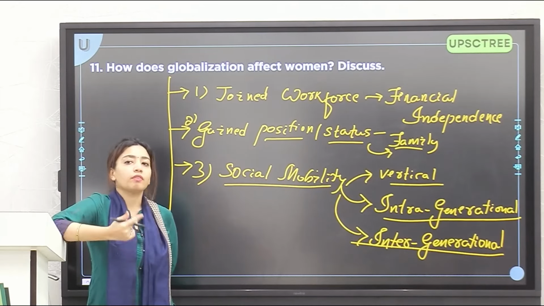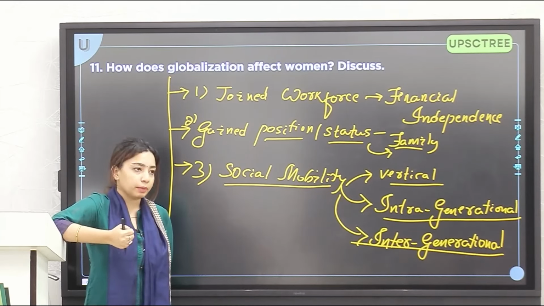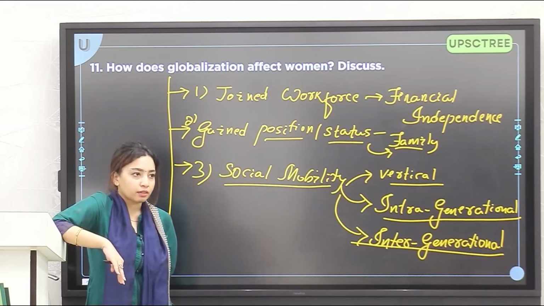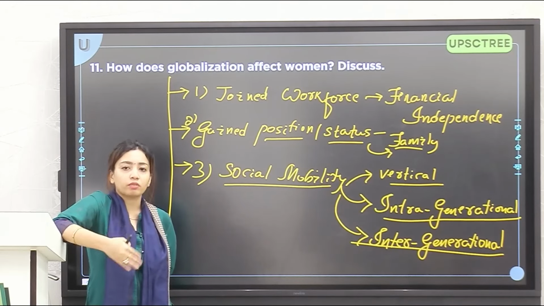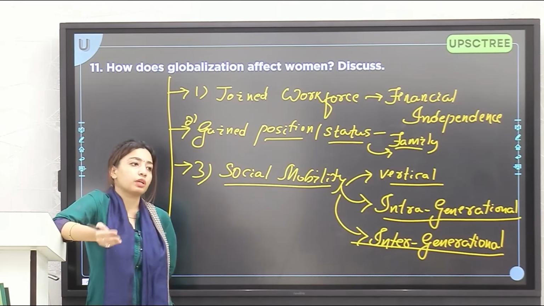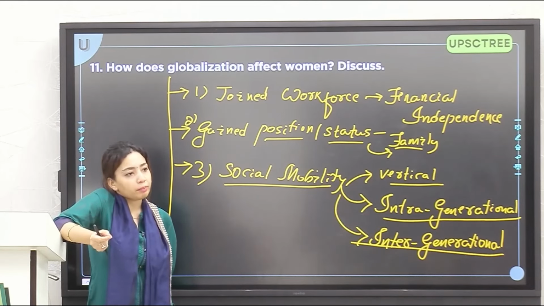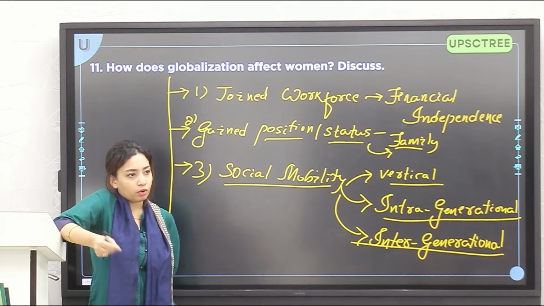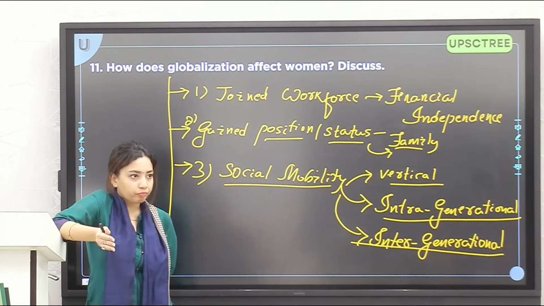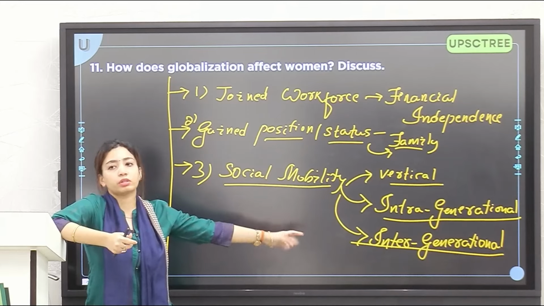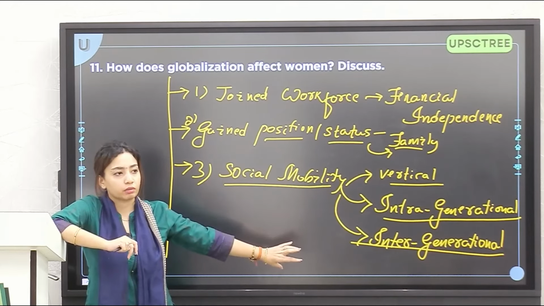Then, if in a family both of them are working, that means both of them are contributing equally for the finance of the child. So don't you think the next generation will have a better position in the structure as compared to the one where only one member is contributing or where both the parents are poor? Okay, so it is contributing to both intragenerational and intergenerational mobility.